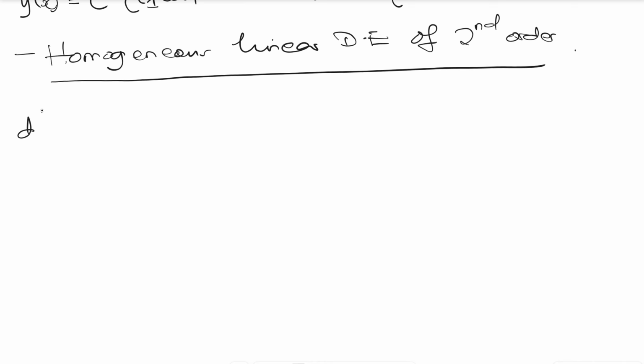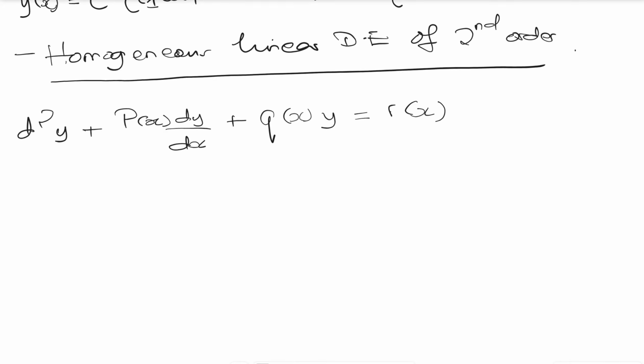That means here d square y plus and so on. This is the linear equation of second order, and it's homogeneous if the value of R(x) is equal to 0.